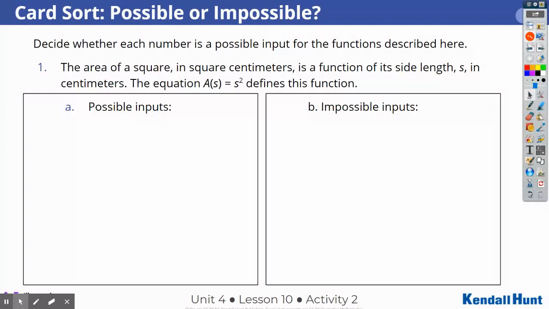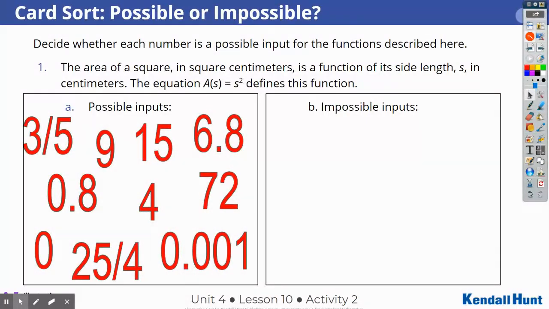So your possible inputs would pretty much be most numbers. So we could have fractions, we could have decimals. That's how we measure things. Everything in the real world is not in whole numbers. So sometimes they are fractional, like 25/4, or 8/10, or 3/5.